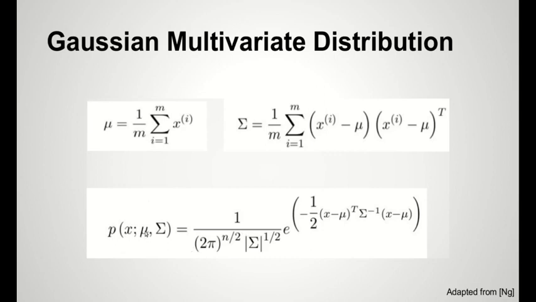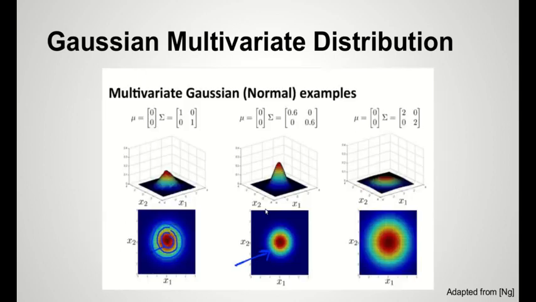Now, if we have different values for the variances of each feature, we can see that if x1 is smaller, we have a smaller width here, and if x2 has a higher variance here, we can see that it goes further. It has a longer axis here.